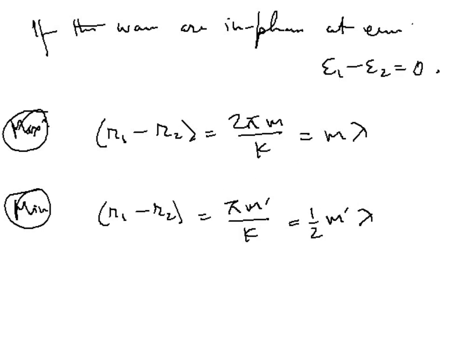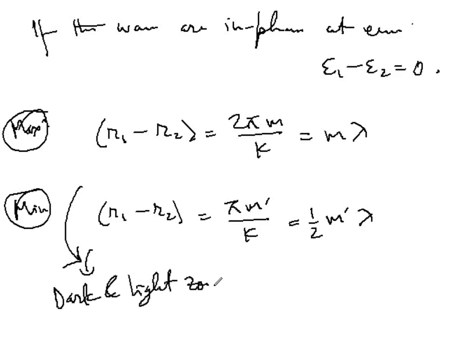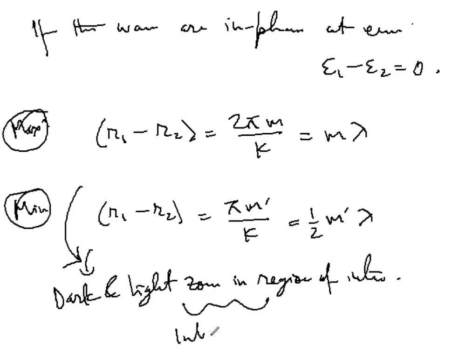We will see dark and light zones in the region of interference, and this is basically known as your interference fringe.